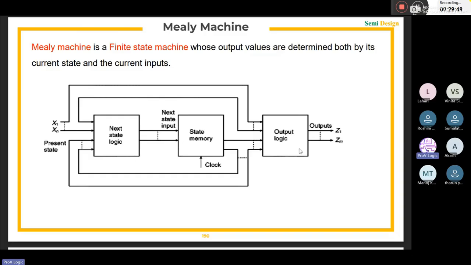So the main output is dependent on the present state, which is coming from the state memory, and also on the current inputs.